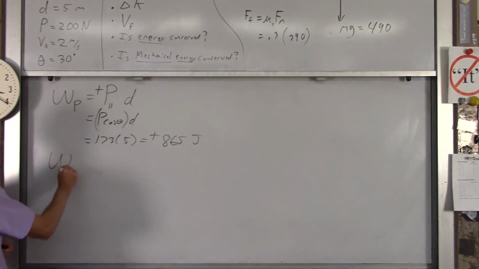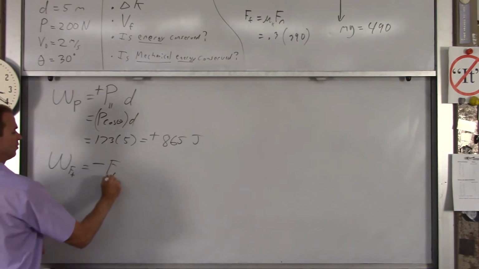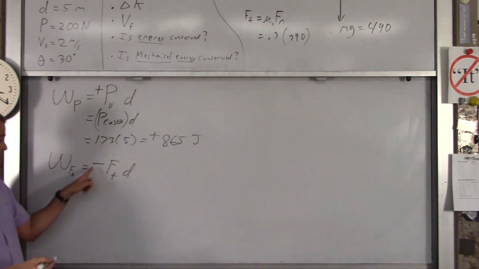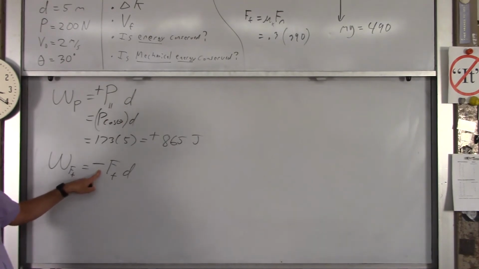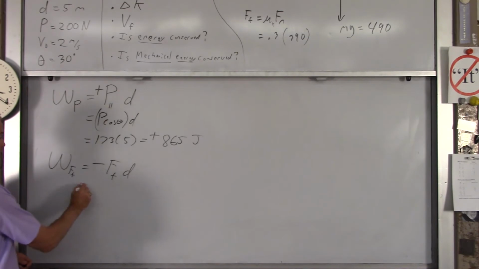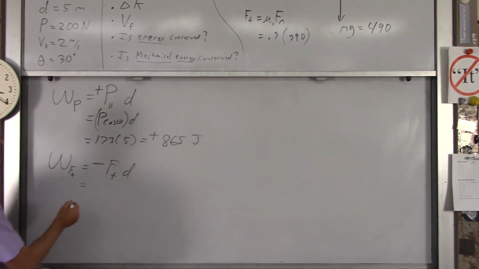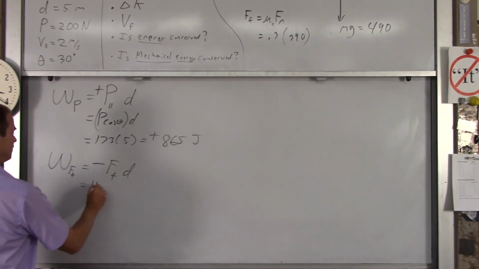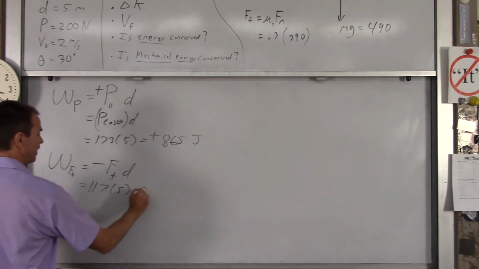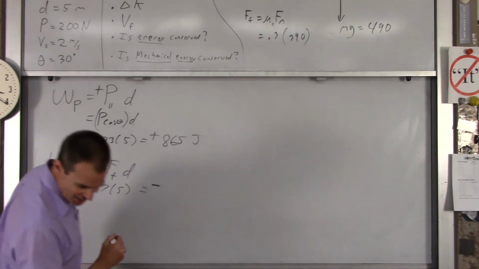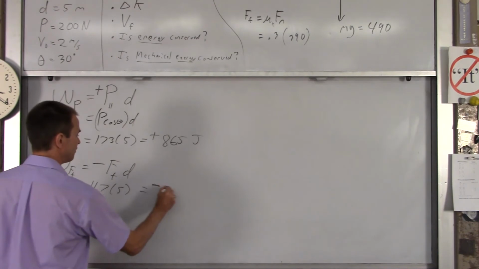The work done by the force of friction will be negative the force of friction times d. I just put a negative out front because I know that friction is pointing the opposite way of the motion and it's doing negative work. It's important to do that, by the way. So we get negative 117 times 5, and when I put that in my calculator, I got negative 585.